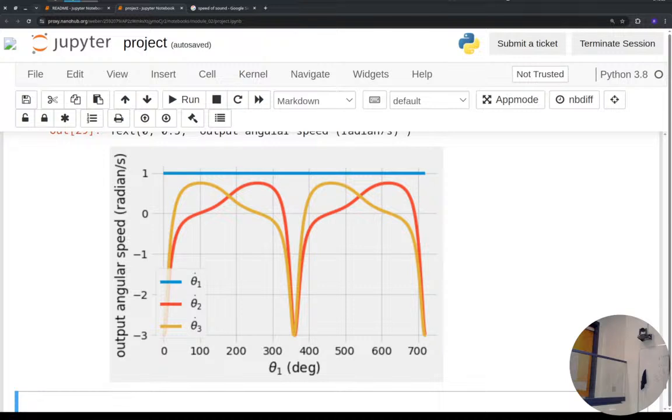So we're gonna say theta one. It's probably really small. That's one. It's a good line. Yeah. 135 or something like 45. Yeah.